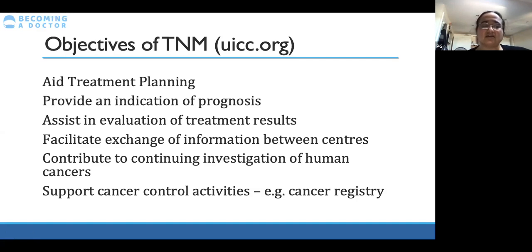So lots of these molecular tests, such as Oncotype DX, which was designed to give a recurrence score to see how likely that tumor is to recur, are based on various different pieces of information, such as TNM, to develop those tests. And it's also an important part of the cancer registry. So the cancer registry is a national database which records all the cancer-related outcomes, and TNM is a very important part of that.